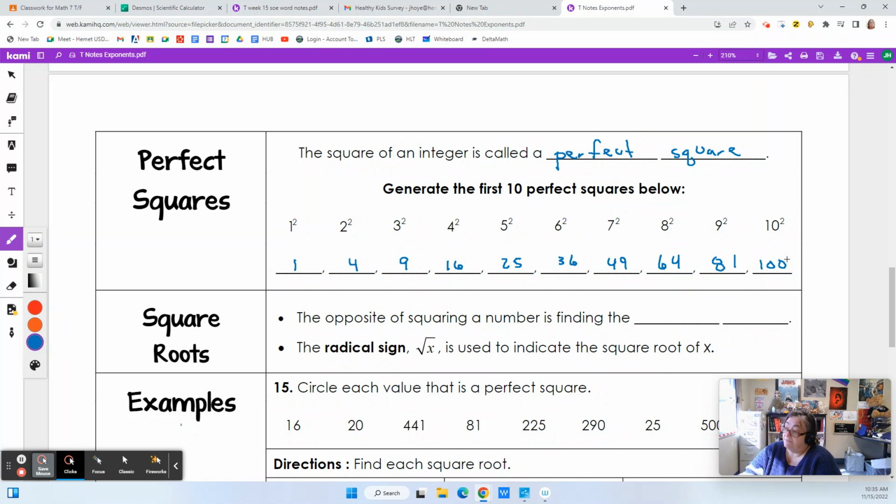The opposite of squaring a number. So squaring a number is multiplying it times itself, right? It's raising it to an exponent. The opposite of that is finding the square root of a number. And that means we're trying to find what number got multiplied to itself to make whatever's underneath this radical sign, right?